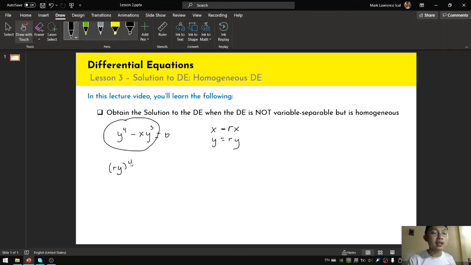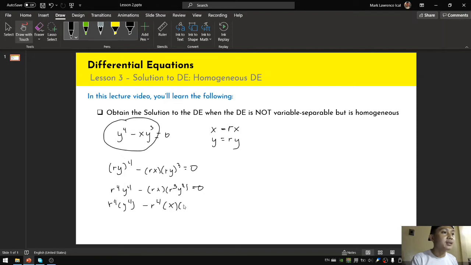Take note, this is not yet the process, it's just testing. So it's r to the fourth y to the fourth minus r to the fourth x y cubed equals 0.